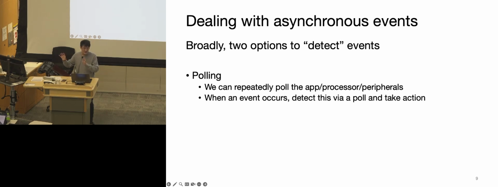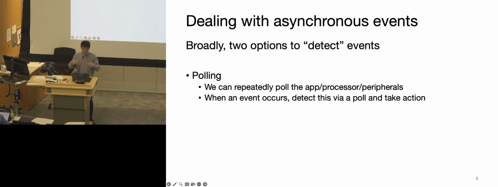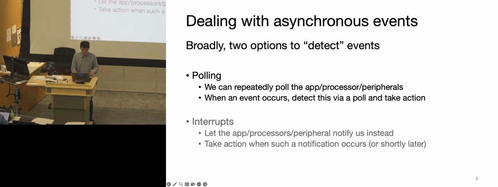If there is, then we detect this and take action in that one loop. And there's also another way to do it, which is what we're mainly going to talk about, the interrupt. Basically, the hardware lets the processor, or the main program, know that something's happening, and then the main program will take action when such a notification happens.